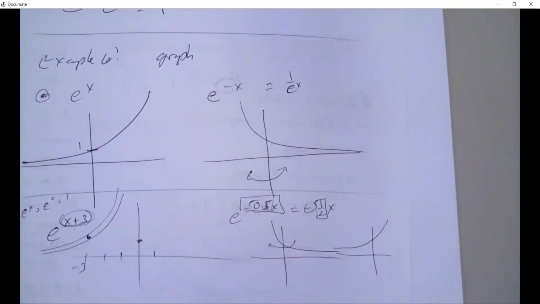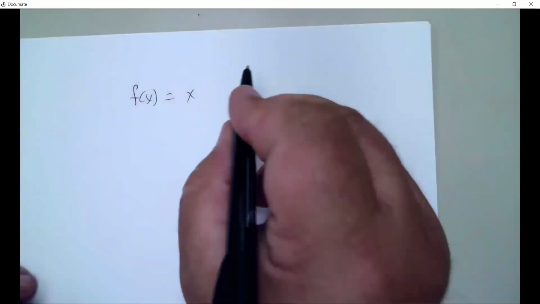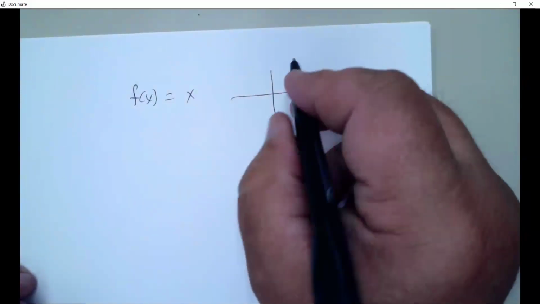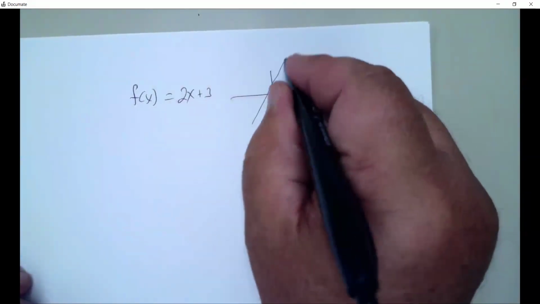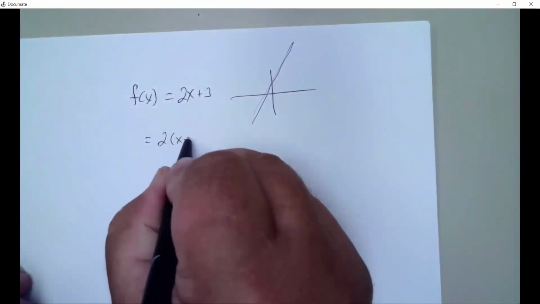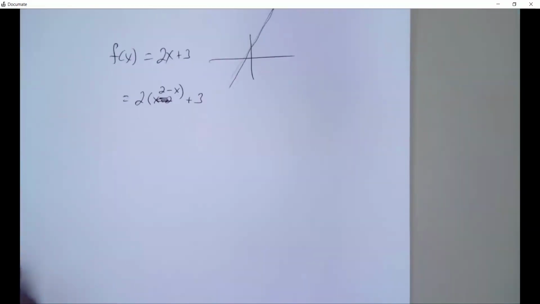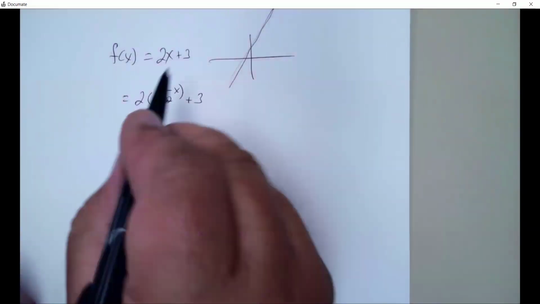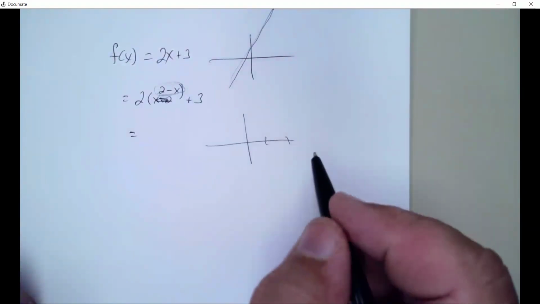Right. The reason being, let's say we have the function f of x equals 2x plus 3. That's a line like this. But 2 minus x plus 3, I've made a shift 2 to the right.